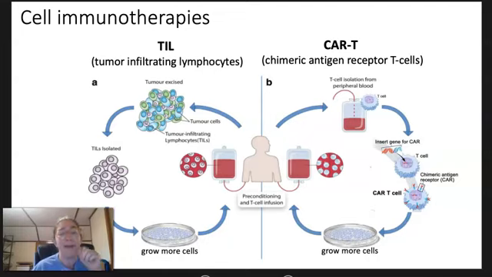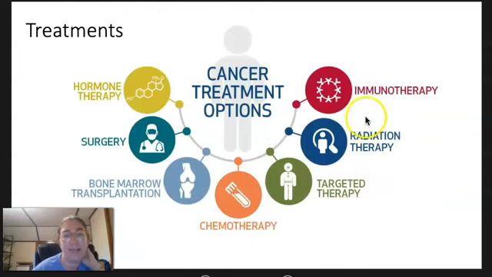An area of heavy research and development that's revolutionizing a lot of cancer treatment is various immunotherapies. So to go back to this slide here, immunotherapies can include using cytokines or cytokine blockers.